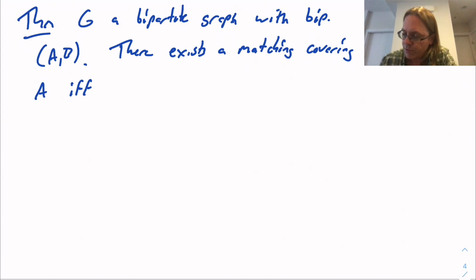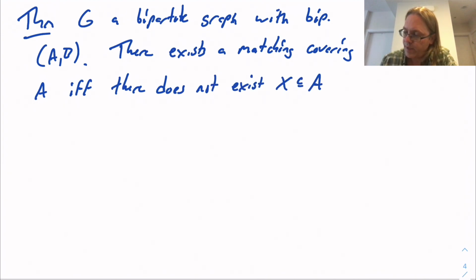So again, the obvious obstruction is a subset of A that we call X with the property that the size of the neighbor set of X is smaller than the size of X.